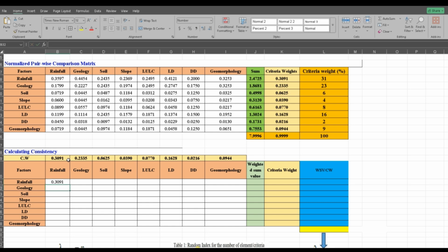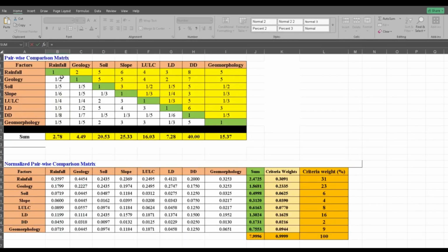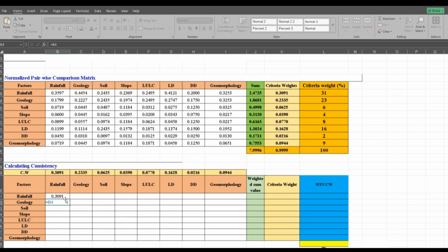This is equivalent with 0.3091. For the second cell, this value is also equal to B4 times the criteria weight for rainfall, 0.3091, which is equal to 0.1546.